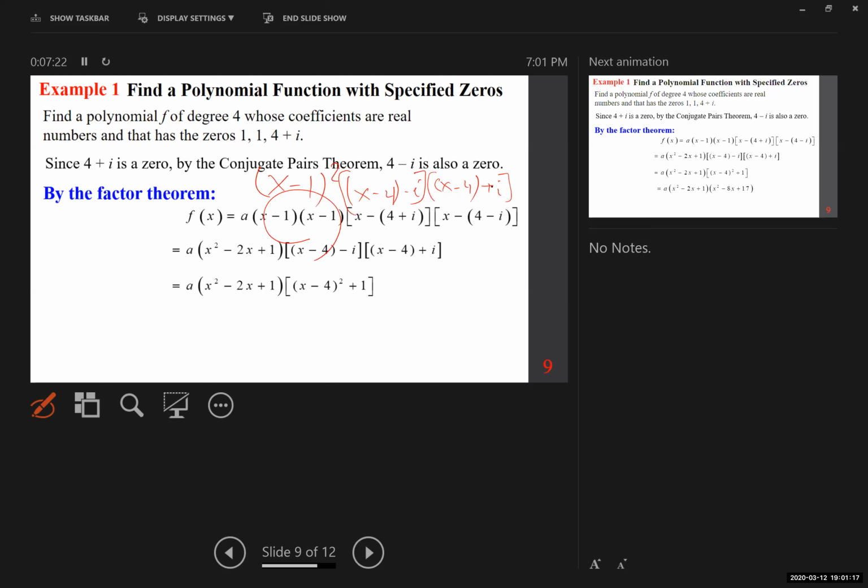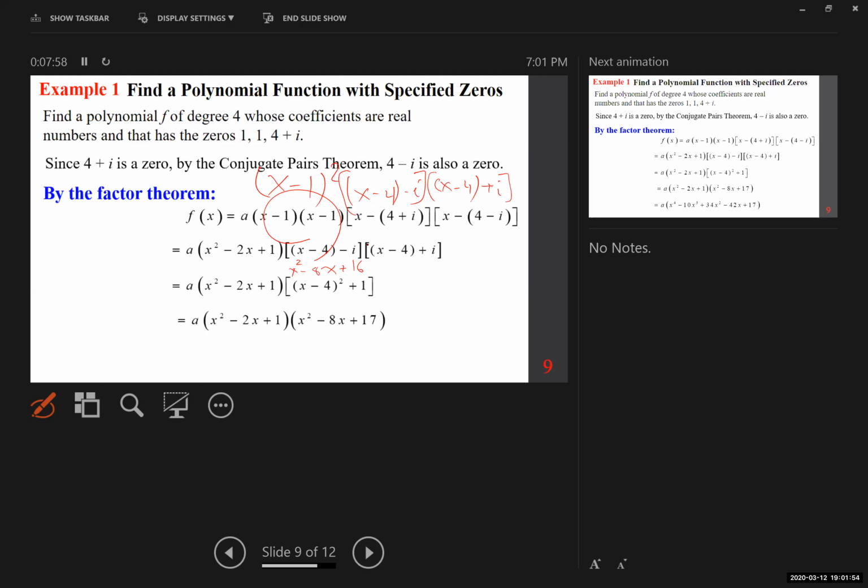Now that makes it easy. x minus 4 quantity squared, what is that? x squared minus 8x plus 16, right? With that 1 becomes plus 17. So we are adding 1 and we get plus 17.